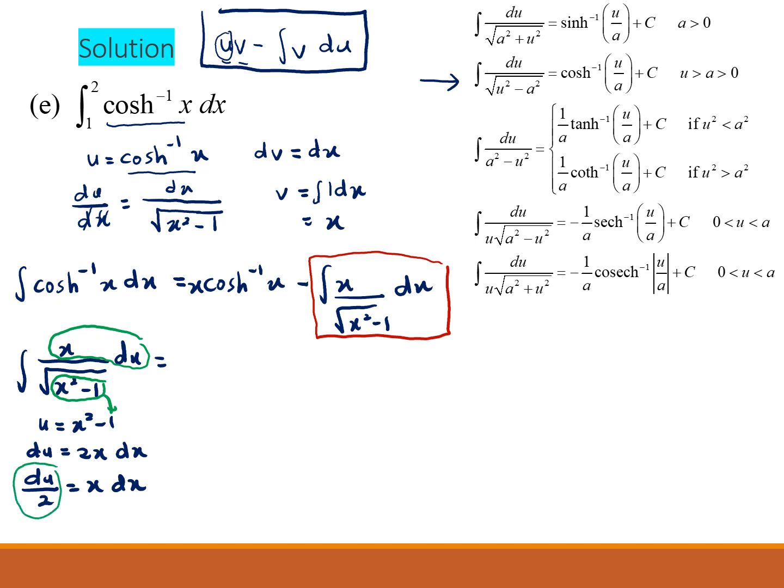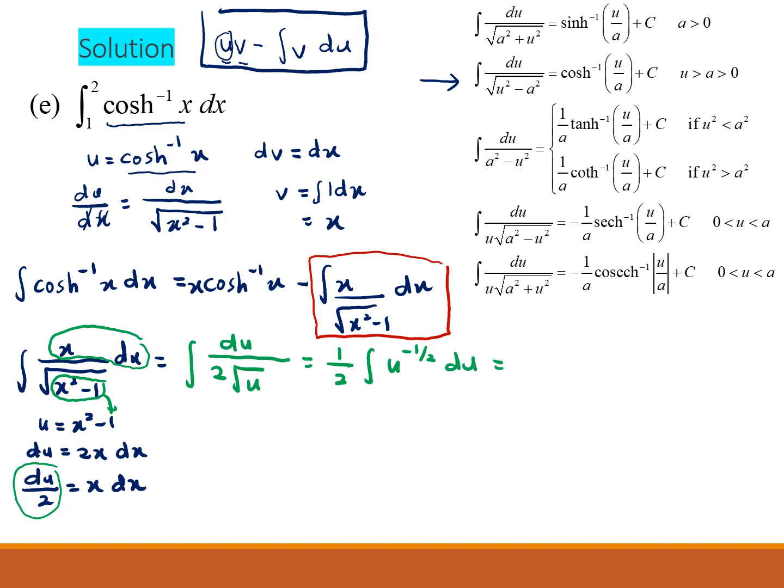So the whole integral is in terms of u now. So this is the correct one. So we have du over 2 times square root of u, or if we rewrite this, it becomes u to the power of negative half du.